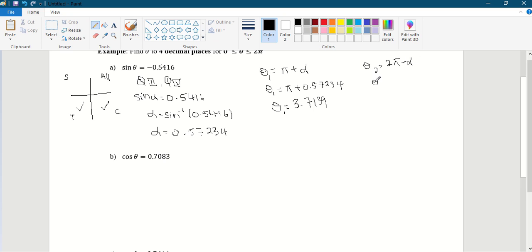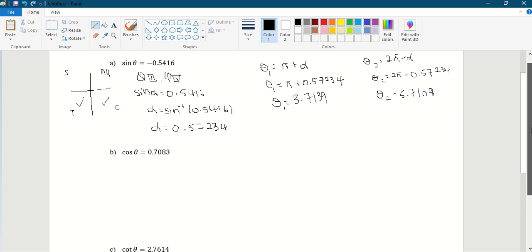So in our case, theta 2 will be 2 pi subtract 0.57234. So the result we get is 5.7108.